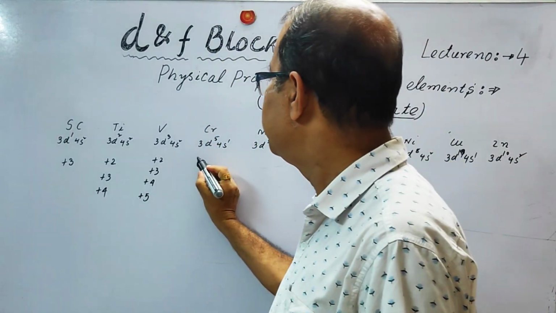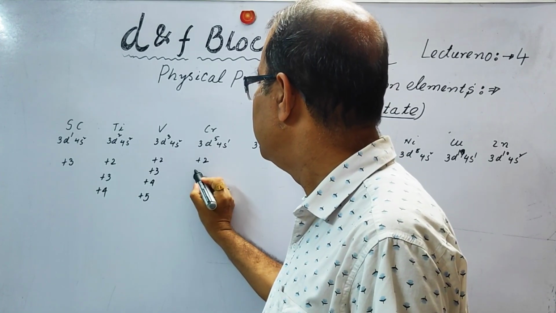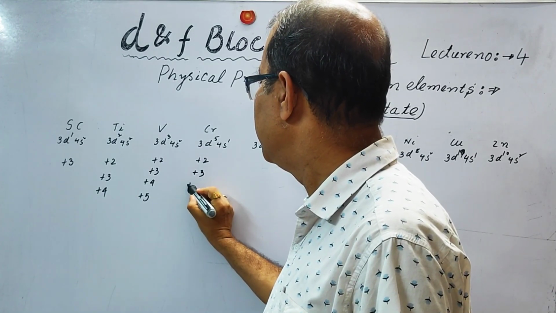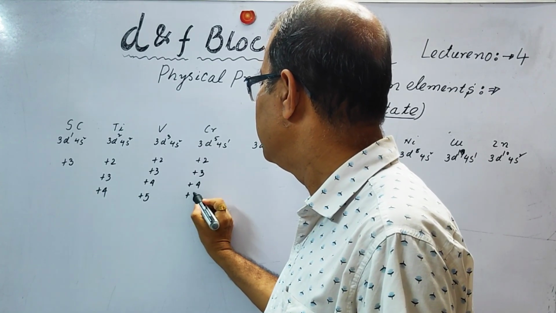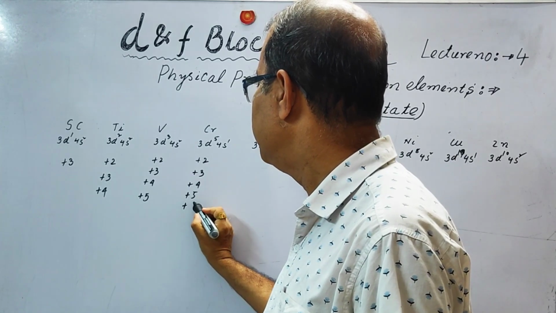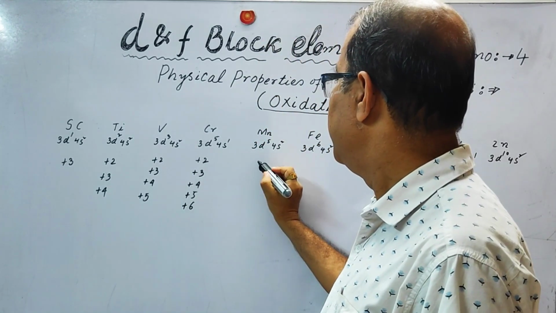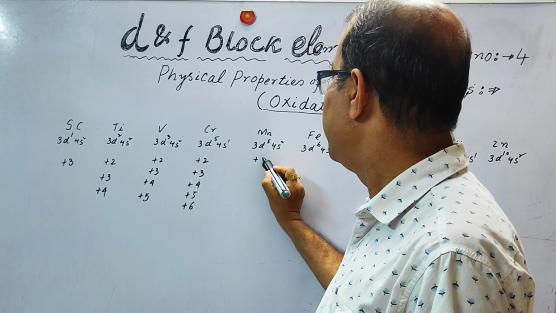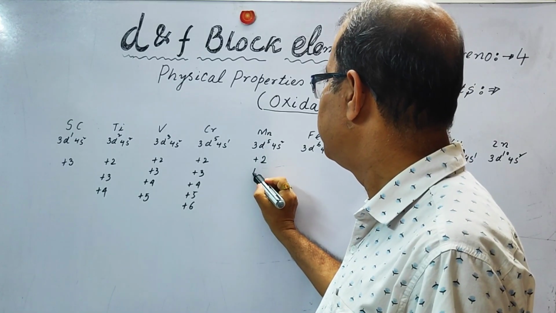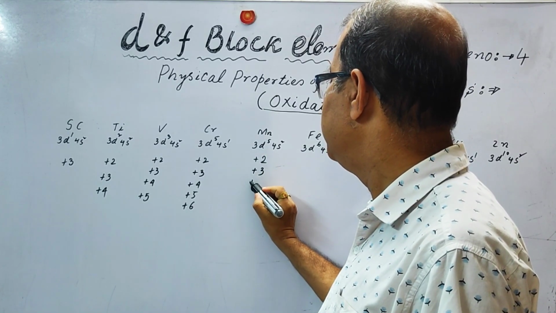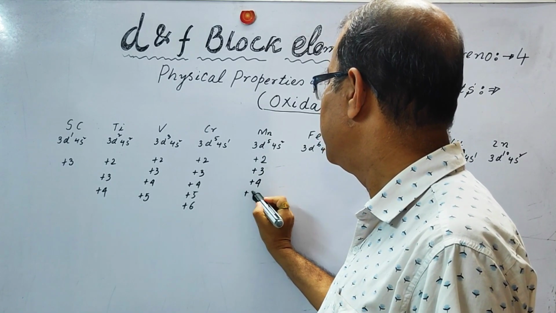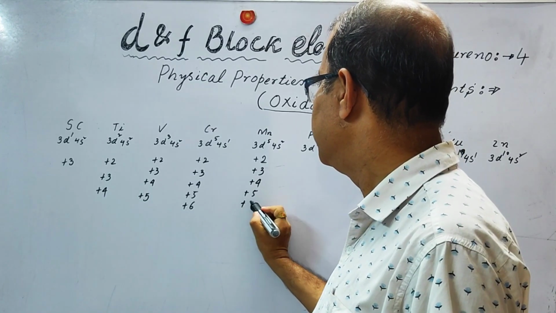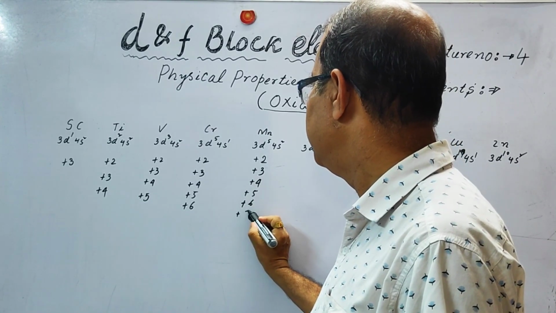For chromium, it is +2, +3, +4, +5 and +6. For manganese, it is +2, +3, +4, +5, +6 and +7.